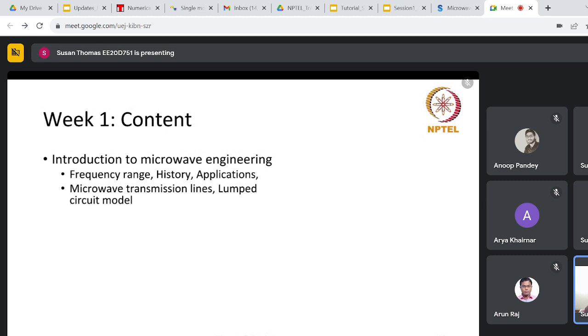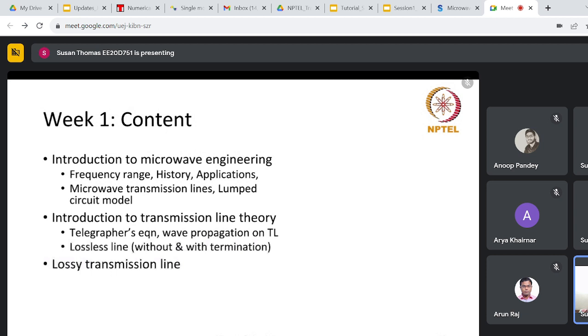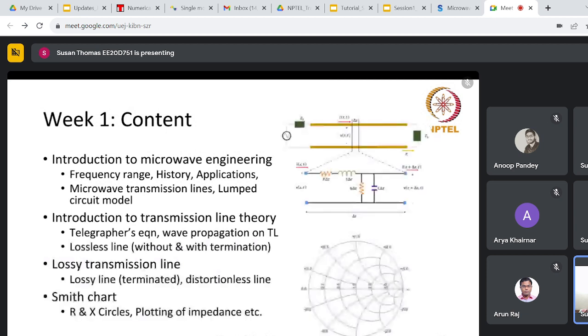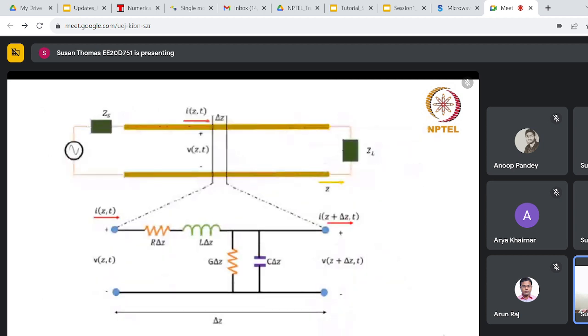And then the very important parameter model, the circuit model which you have seen, is the lumped circuit model. I hope you have got the idea of what this lumped circuit model is. I think there was a question in the discussion forum again about the lumped circuit model. So hopefully you remember this transmission line.